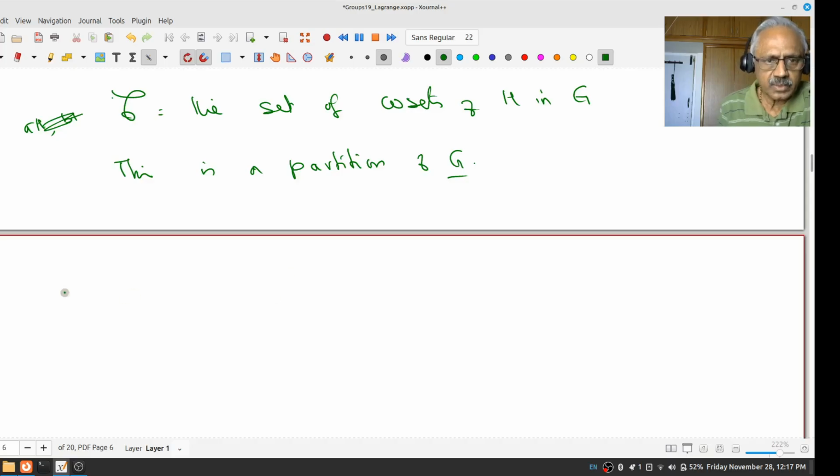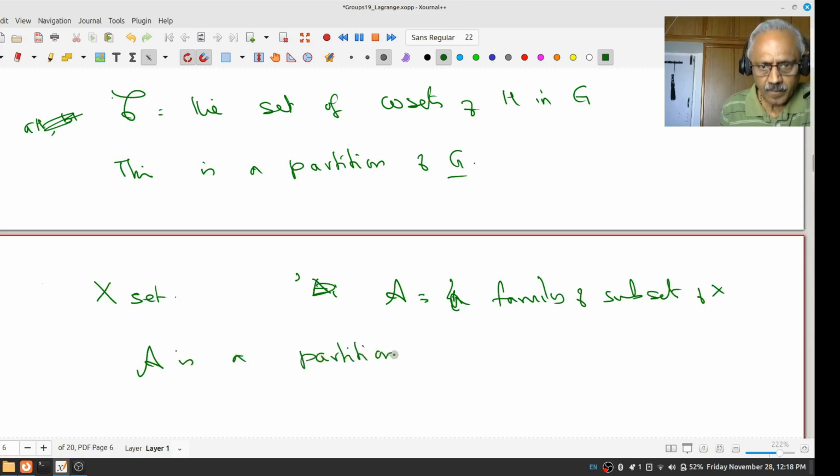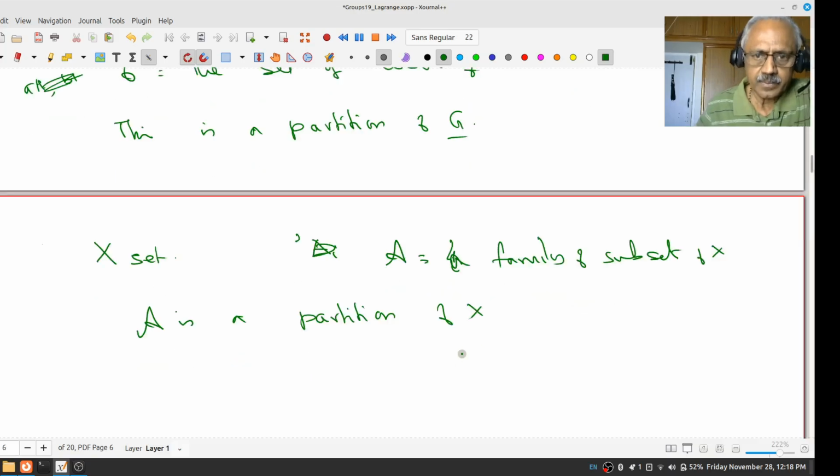Let us recall set theory. X is a set, assume it is non-empty, and suppose script A is a family of subsets of X. Then when do I say script A is a partition of X? If two things should happen. First, X must be the union over A in script A.